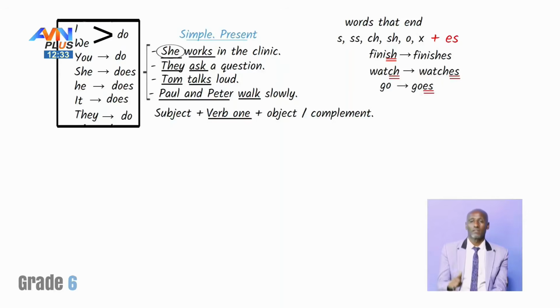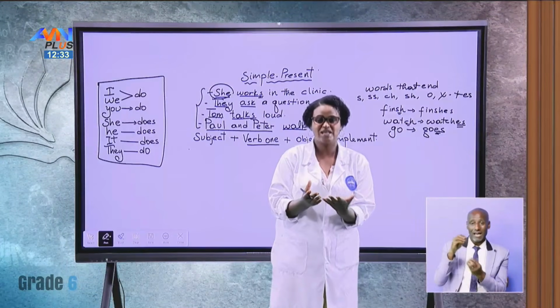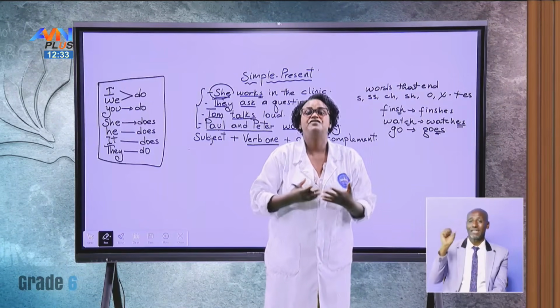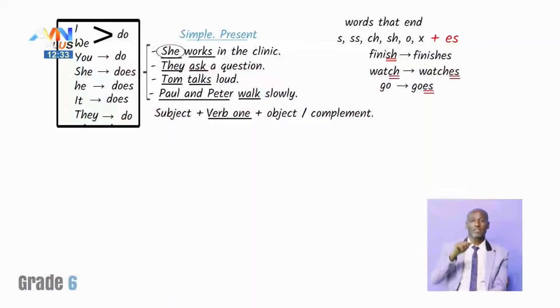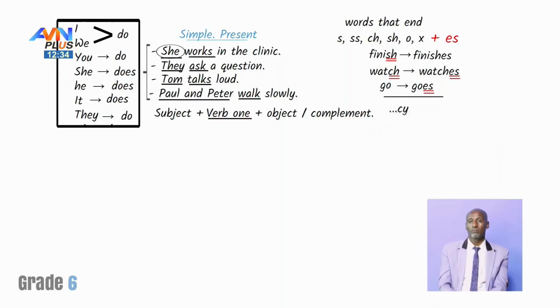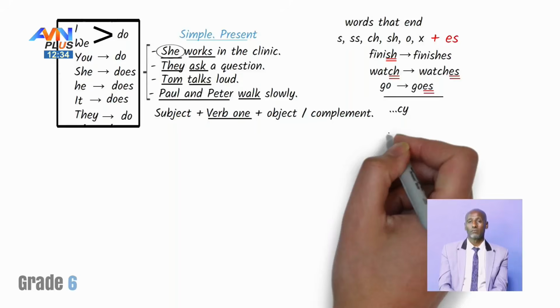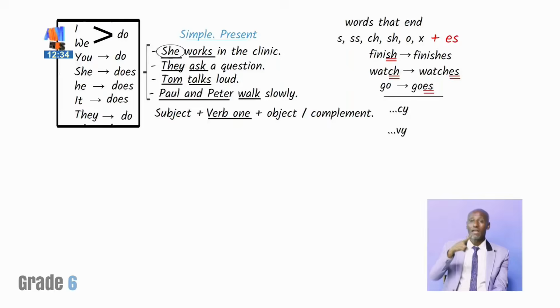There are also verbs that I want you to remember that add IES. What kind of verbs are they? Verbs that end with Y. But there are two forms here. One, consonant then Y, and vowel then Y. Okay?